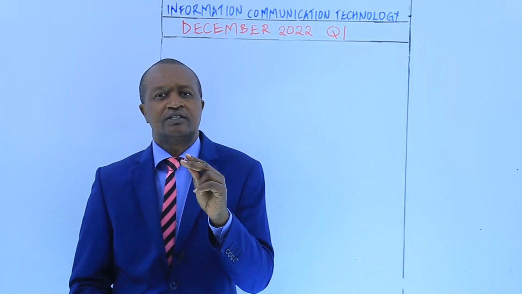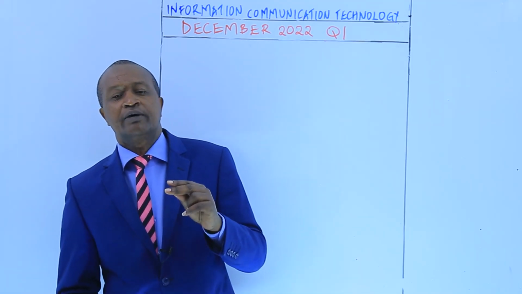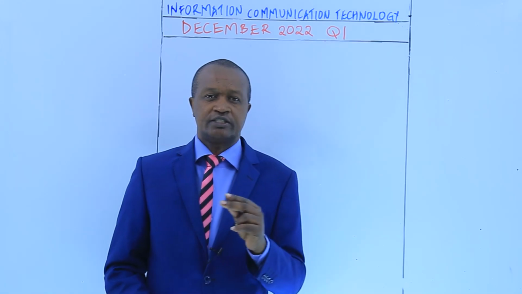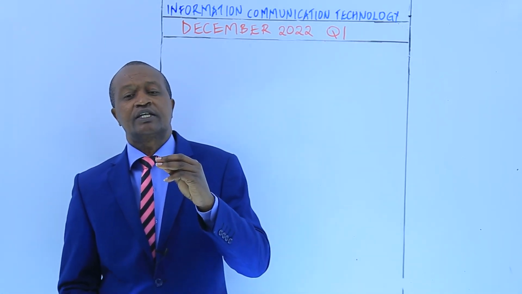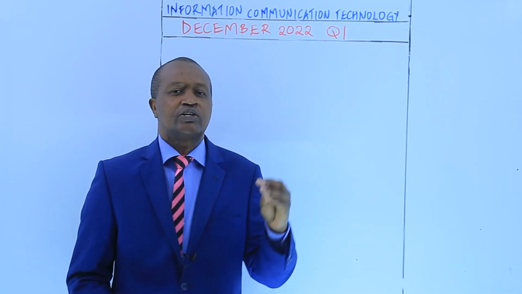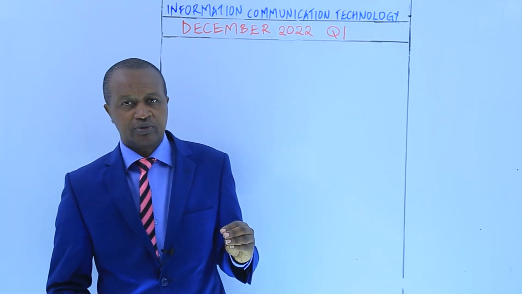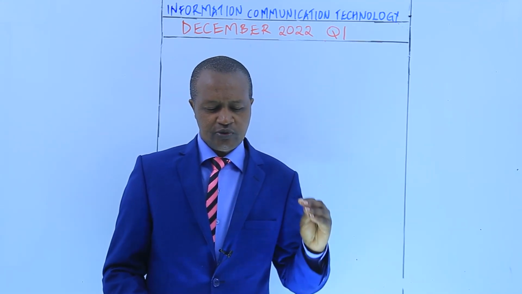The second disadvantage is resistance to change. Employees may resist such changes. Number 3 is security risks. 4, technical issues. So those are 4 disadvantages we are going to discuss in answering the first question.